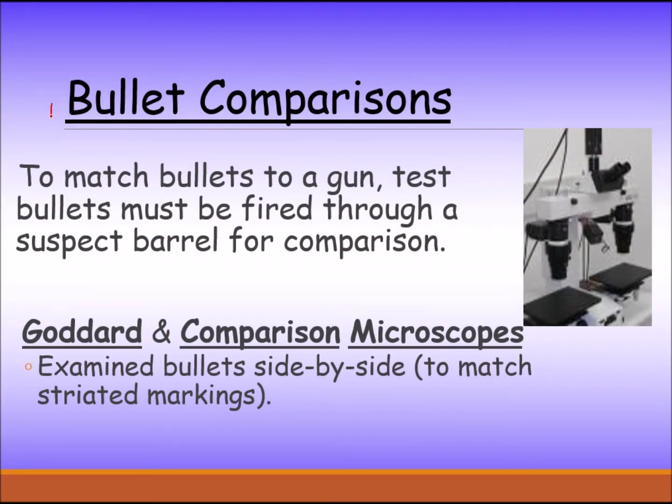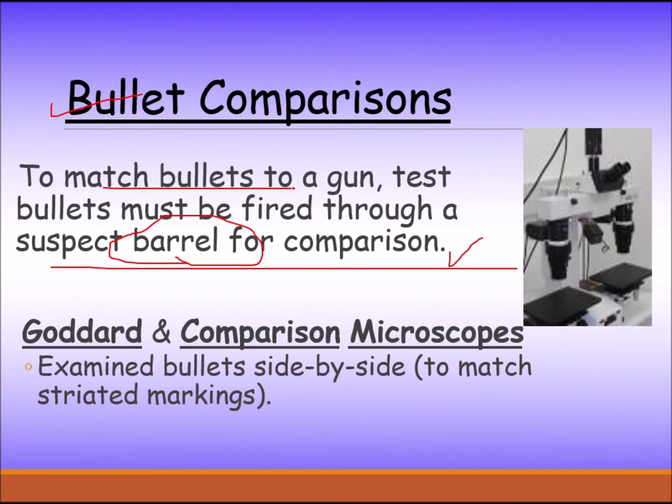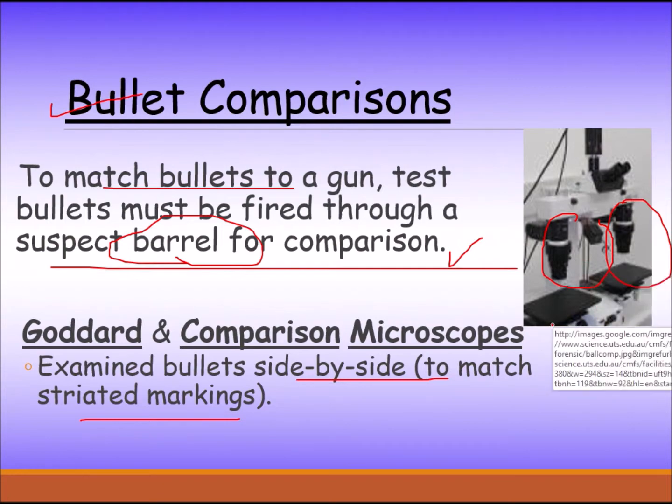Now, the bullet comparison can be done. To match the bullet to a gun, a test bullet must be fired through the suspect barrel, so that barrel markings will come on the surface of the test bullet, and we can compare the test bullet with the suspect bullet. That is done by using a Goddard or comparison microscope. We examine the bullets side by side to match the striated markings on the surface of the bullet.